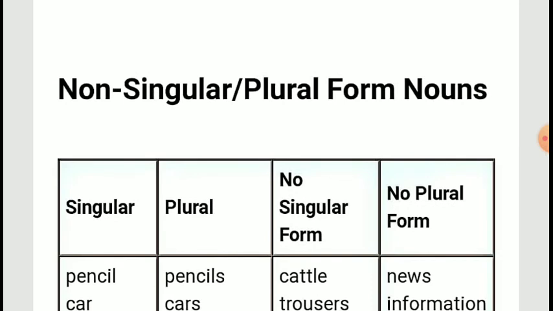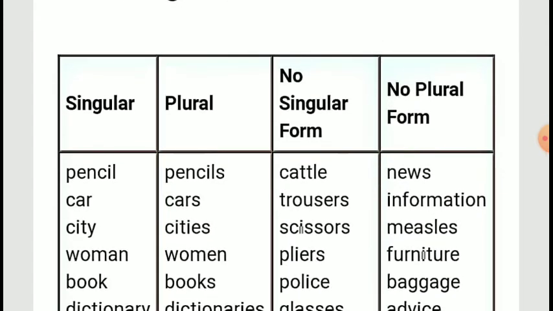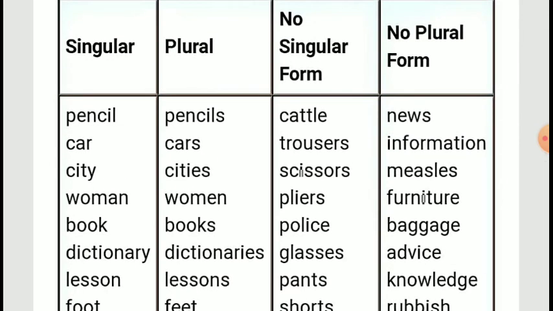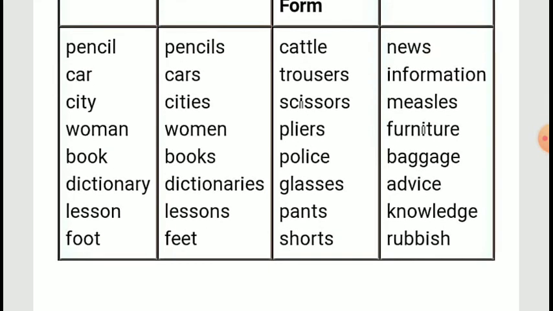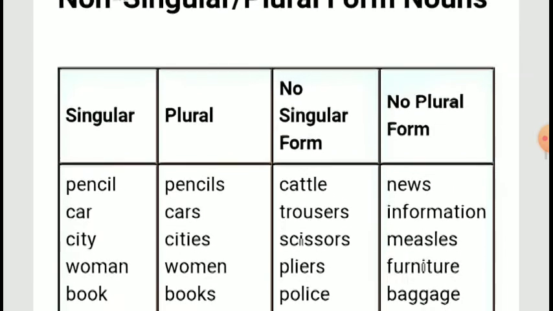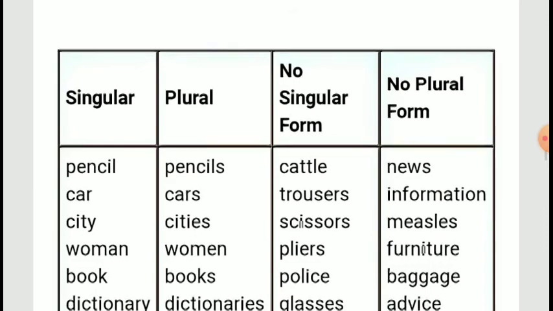Now, again, some singular and plural forms of nouns. Let's look at the table carefully. Now there are some nouns which have both singular and plural forms. Pencil is pencils, car, cars, city, cities, woman, women, book, books, dictionary, dictionaries, lesson, lessons, foot, feet. Now, these nouns have plural forms, but there are some nouns which do not have any singular form.